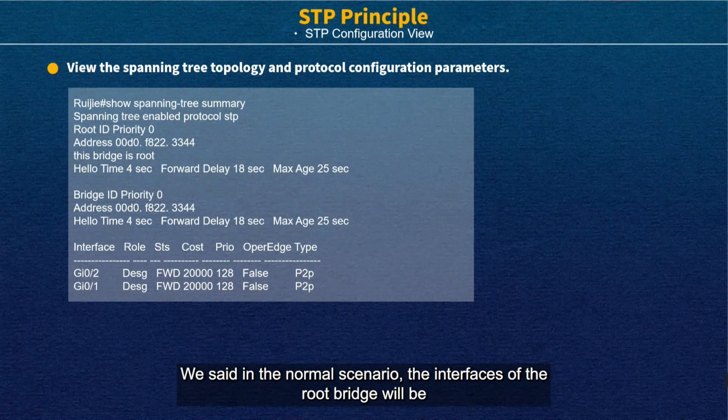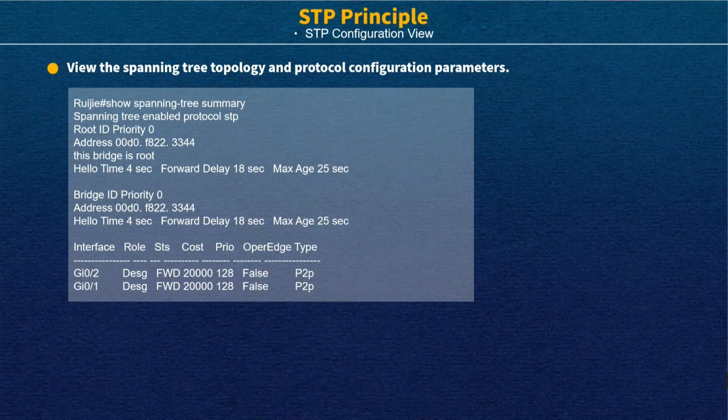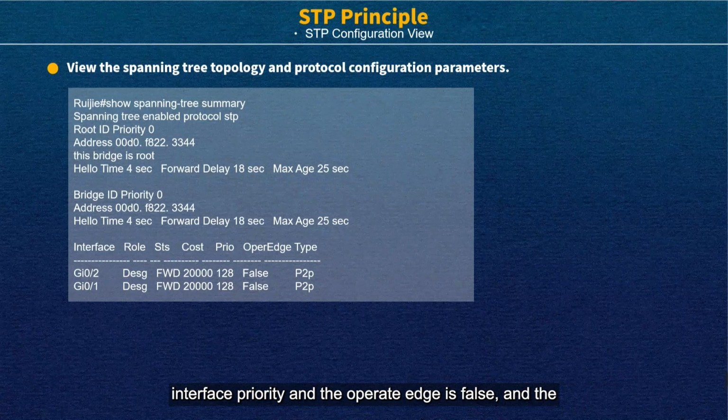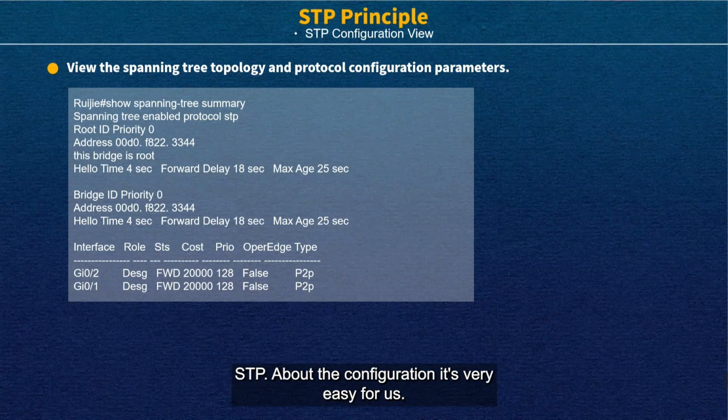In the normal scenario, the root bridge's interfaces will be designated ports, and the state is forwarding. You can also see the cost value, the interface priority, the operational edge is false, and the type is P2P. So this is the basic information of STP. The configuration is very easy for us.